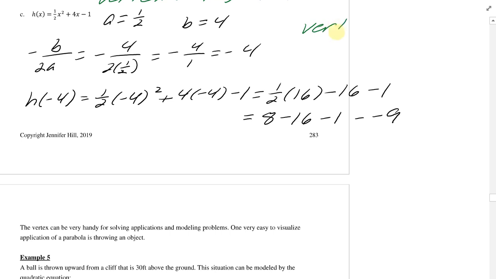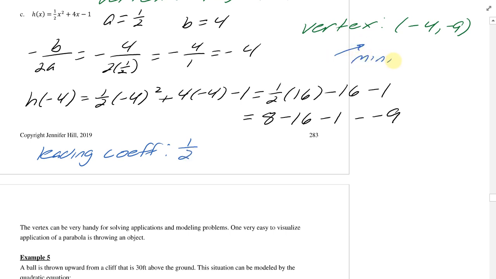So my vertex is (-4, -9). And then when I look at my leading coefficient, I'm running out of room here, maybe I'll put this over here. My leading coefficient is 1/2. 1/2 is a positive number, therefore the vertex will represent a minimum.